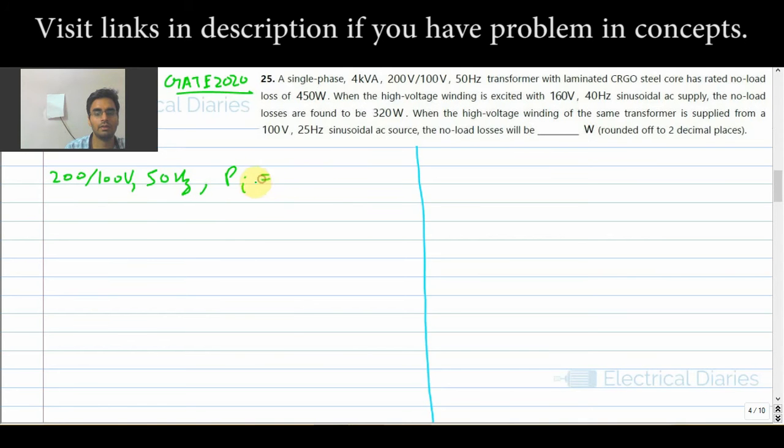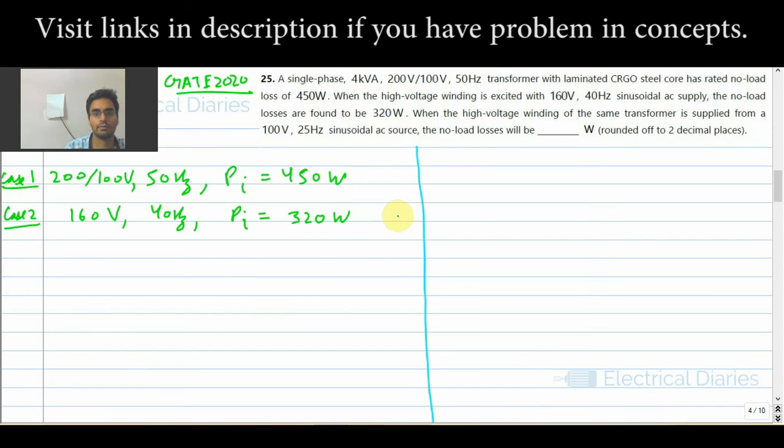No load losses are iron losses only, 450 watts, when the high voltage winding is excited, so let us say this is case 1. Now case 2 is when the high voltage winding is excited by 160 volts, and the frequency is 40 hertz. The no load losses are again given to me as 320 watts.